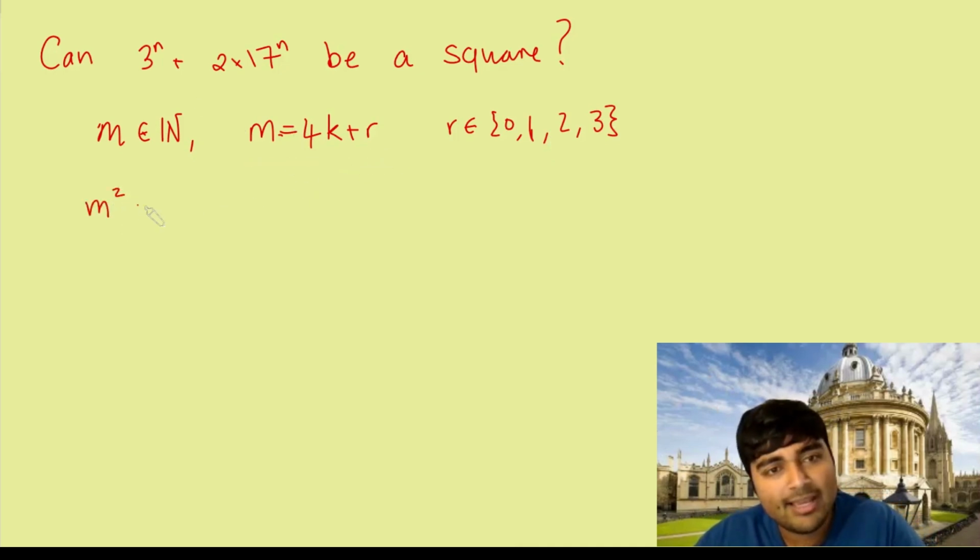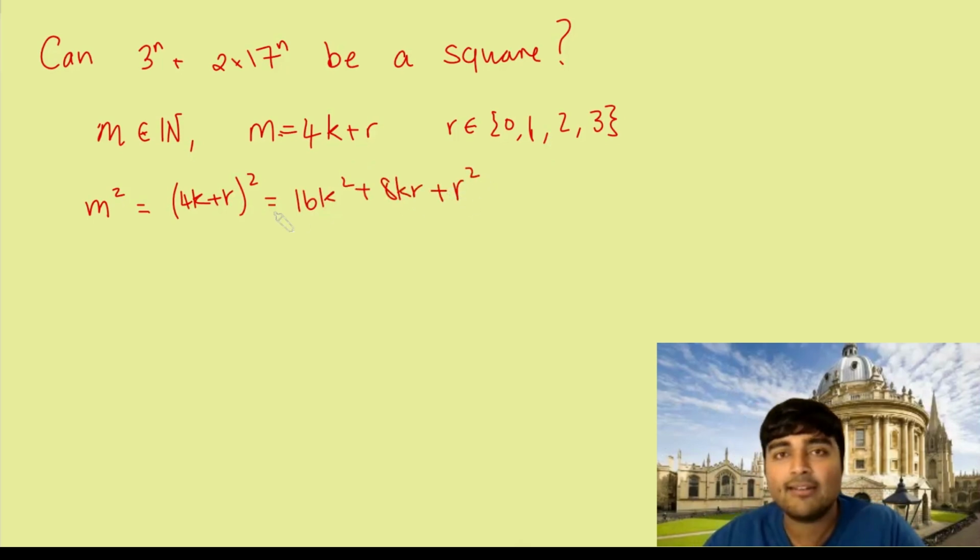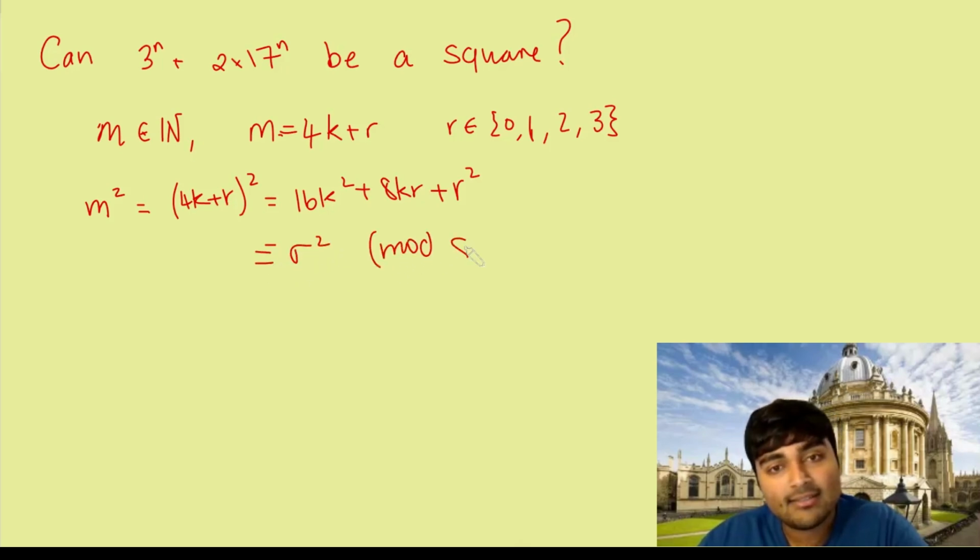Now let's just square this. So m squared is (4k plus r) squared, which is 16k squared plus 8kr plus r squared. Now, if we look at this mod 8, this is simply equal to r squared mod 8. So I'm focusing on the remainder when I divide by 8.